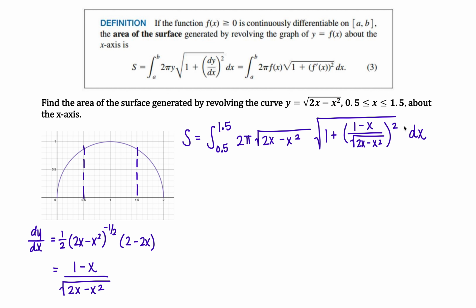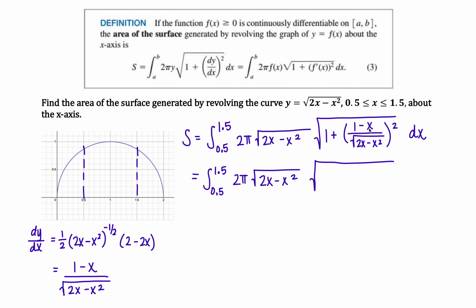I actually want to focus on the second radical here. So let me go ahead and write the first part out one more time. I'm going to come back to the 1 in just a second. I want to focus here.